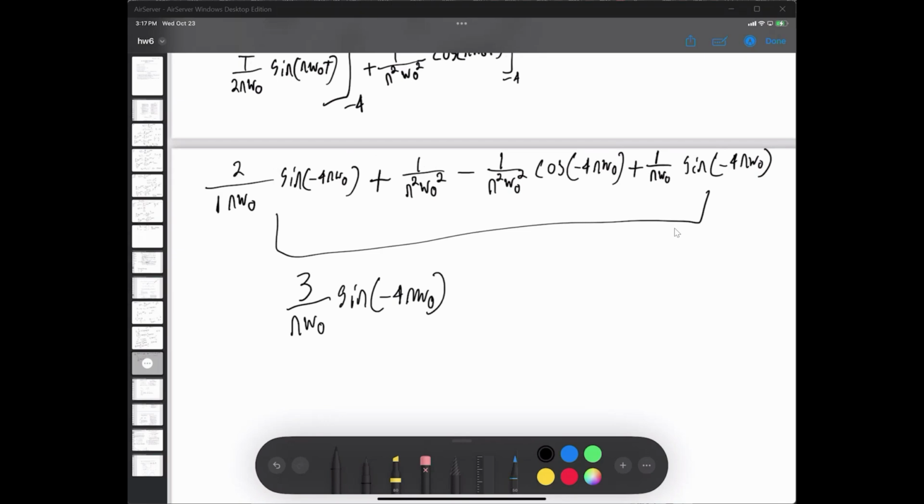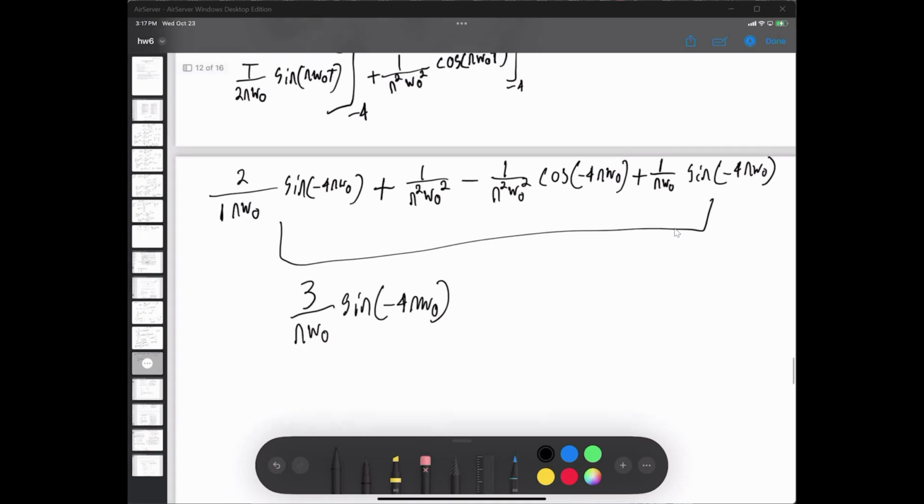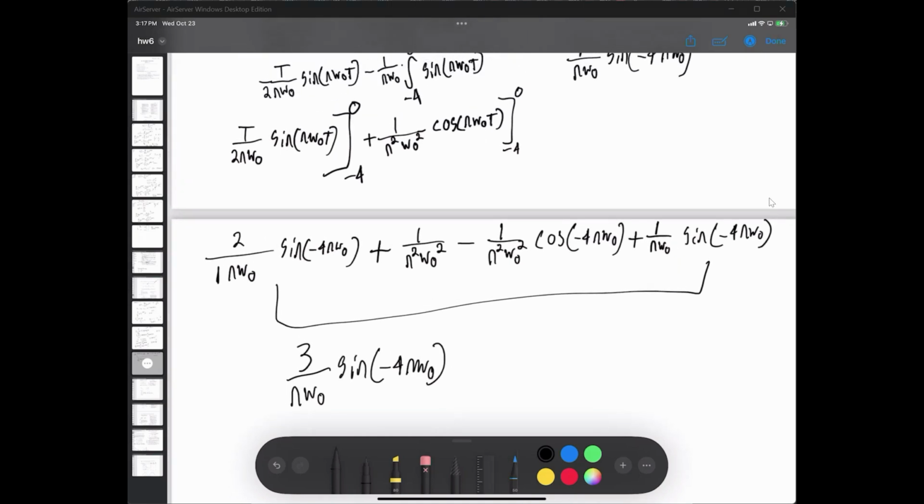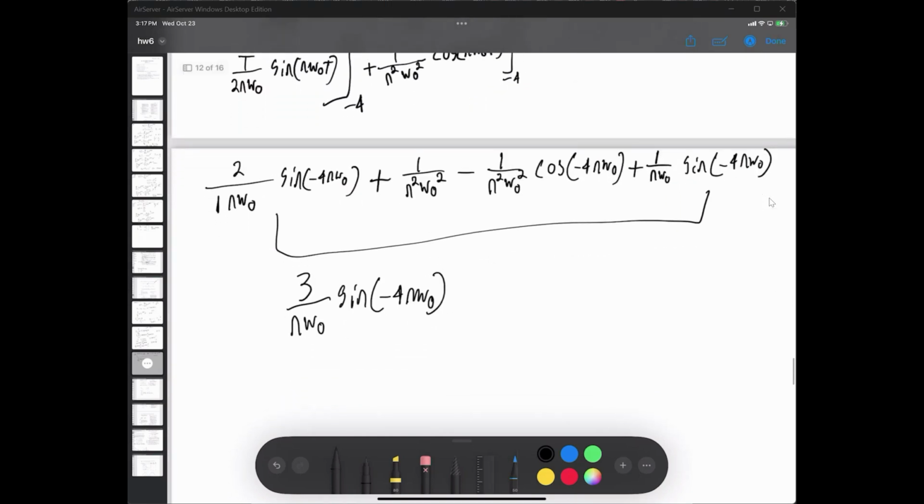So now we have, let's see. We'll bring everything down first.